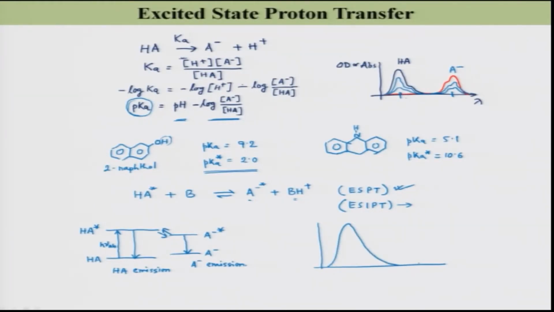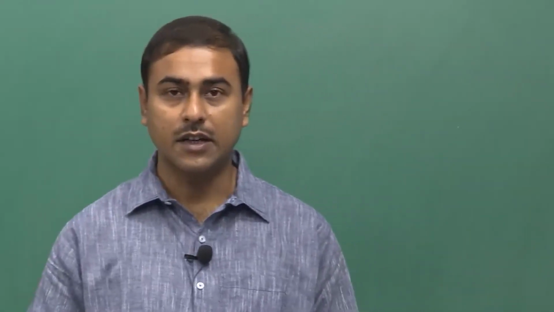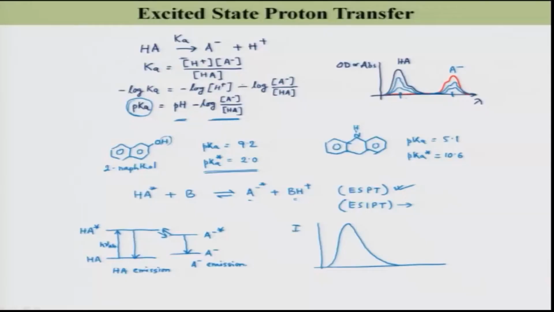When there is no one to accept the proton, or the pKa star value is very high so it is not possible to donate the proton, you will only see the emission spectrum coming from HA. This is my intensity of fluorescence and here is lambda emission. This is specifically for the HA molecule.